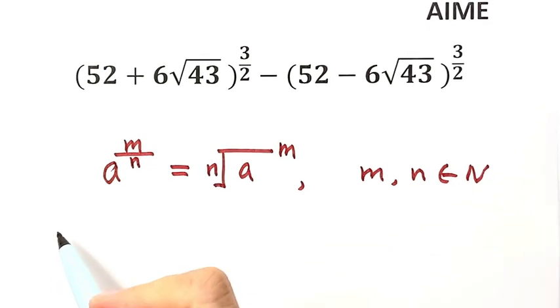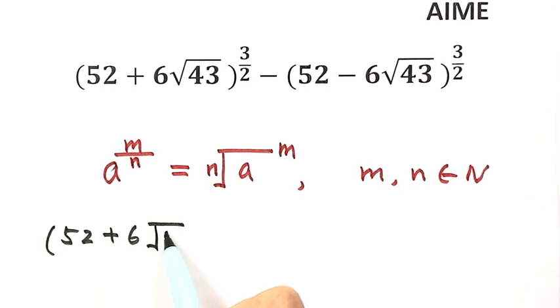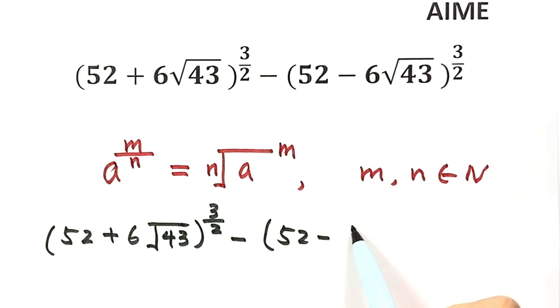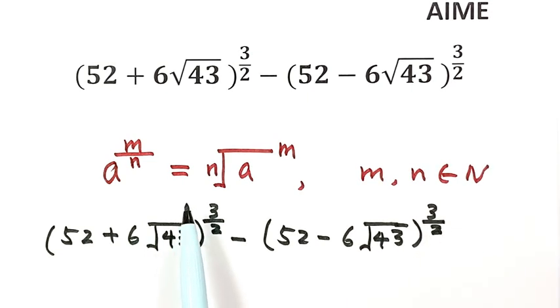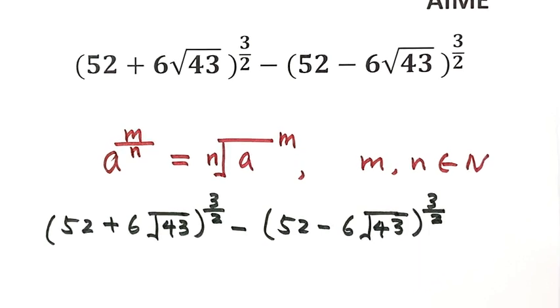So here, (52 + 6 square root 43) to the power 3 over 2, minus (52 minus 6 square root 43) to the power 3 over 2. So then here we can use this property.